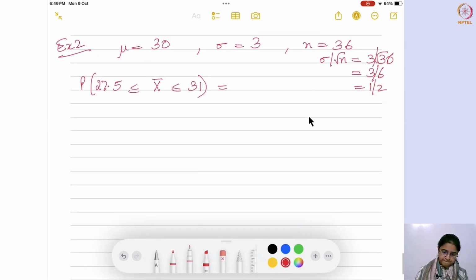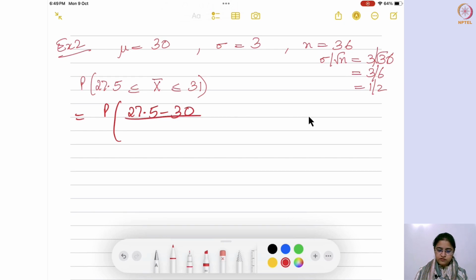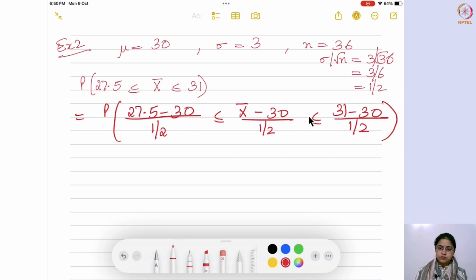Let me solve over here. You subtract the mean, that is 30, and divide by sigma by root n, that is 1 by 2. Here also you do the same thing: x bar minus 30 divided by 1 by 2, and 31 minus 30 divided by 1 by 2.